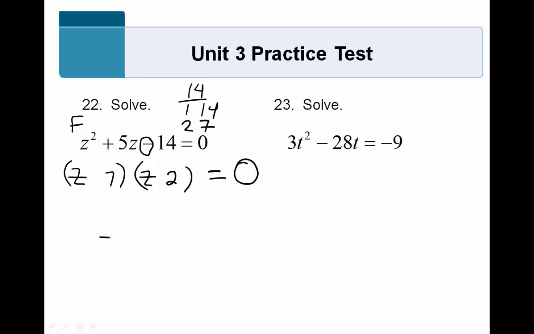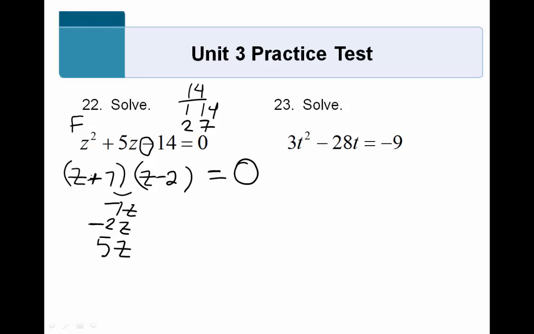It needs to add up to positive 5z. 7 times z is 7z. Z times 2 is 2z. So I need a negative 2 and a positive 7.